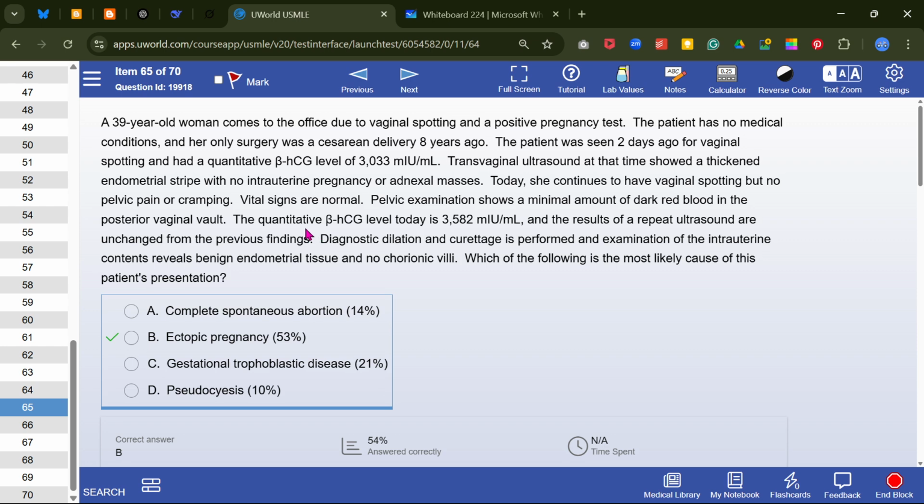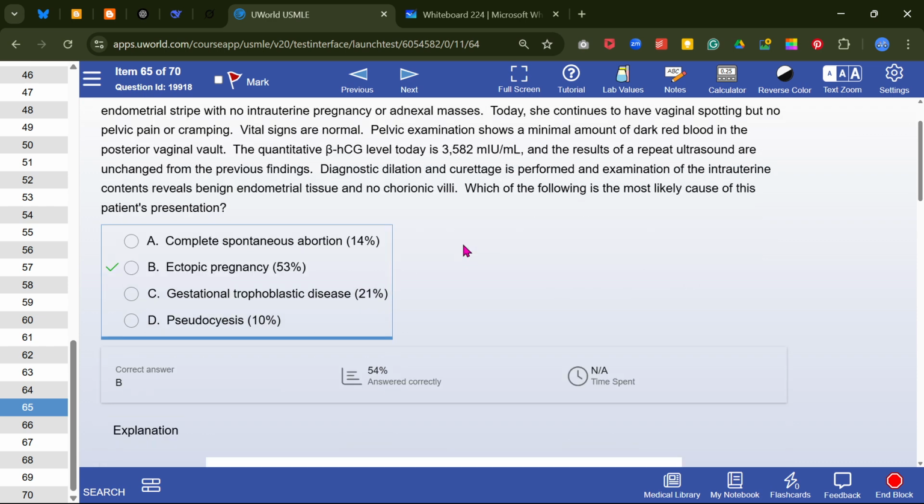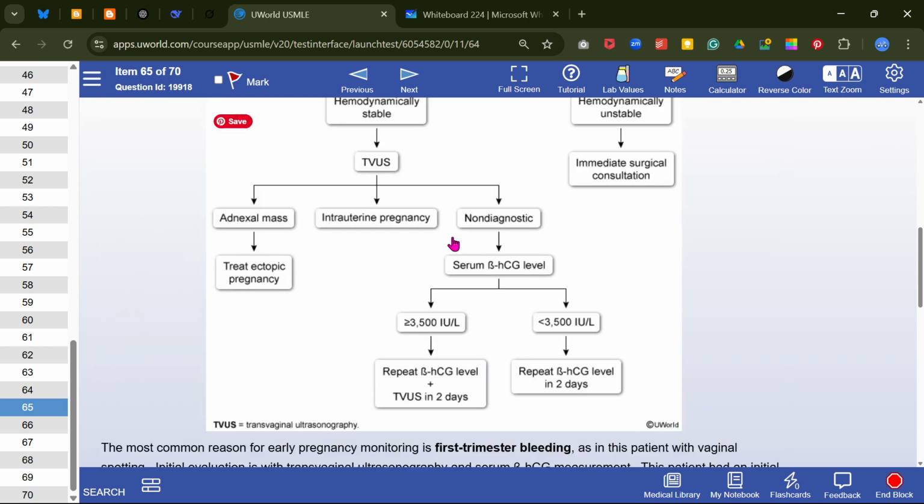A repeat beta-hCG is 3582, not more than 35%, and ultrasounds are unchanged. No pregnancy in the intrauterine cavity. So it looks like ectopic pregnancy, and D&C is performed. After D&C, beta-hCG is declining.